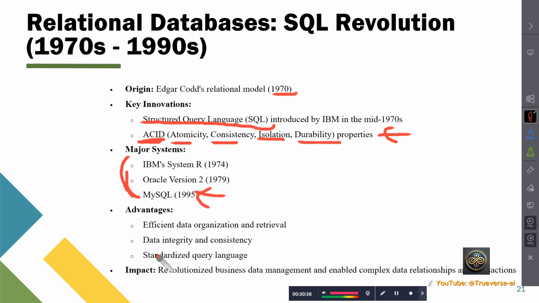What are the advantages of modern database management systems? That is efficient data organization, data consistency, and standardization. When we say data consistency, it means ACID properties ensure that data remains reliable and consistent even in large-scale business operations.